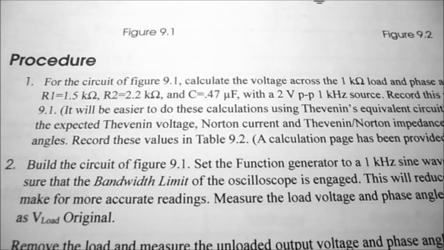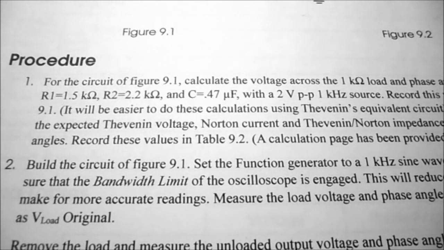Under procedure, step number 1, it says for the circuit of figure 9.1, calculate the voltage across the 1K ohm load and phase angle using R1 equal to 1.5K, R2 equal to 2.2K, and C equal to 0.47 microfarads. It has a 2 volt peak to peak 1 kilohertz source. We're to record this value in table 9.1.